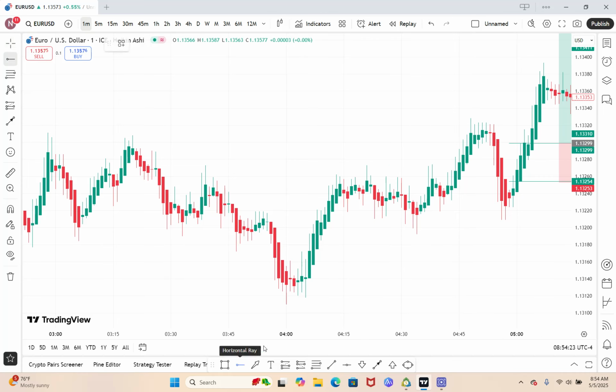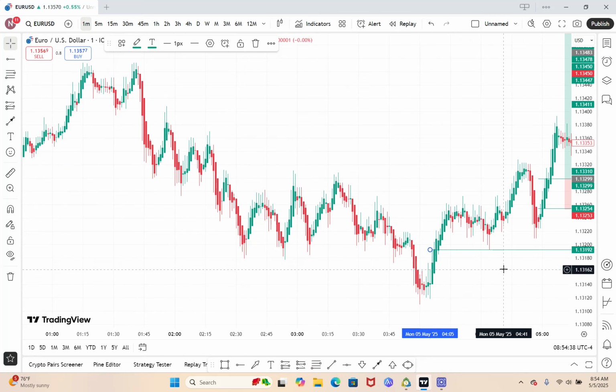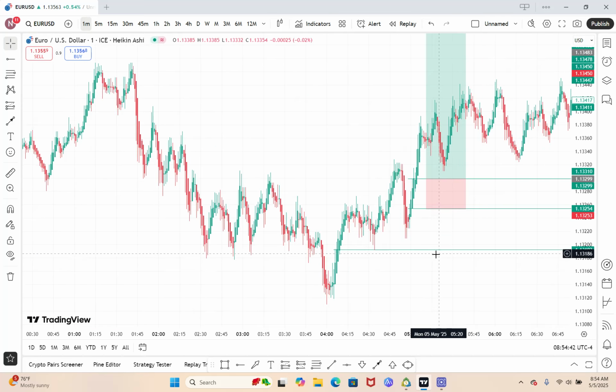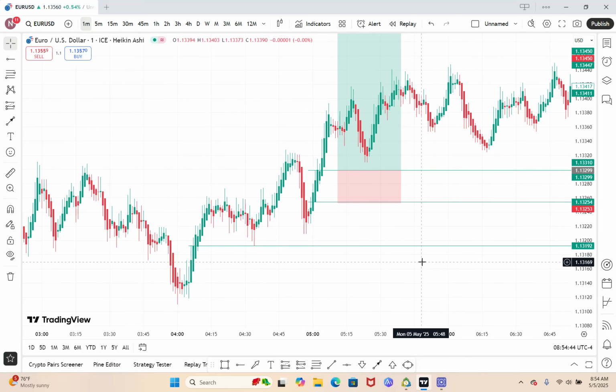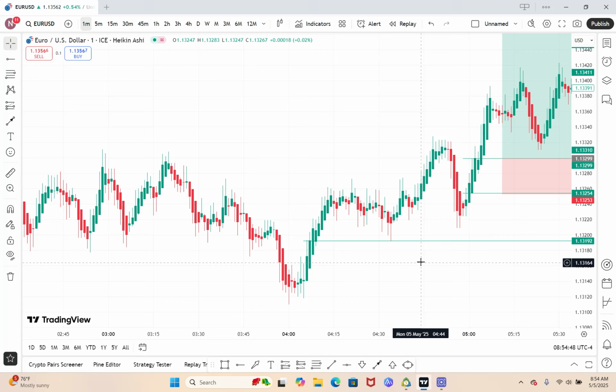Looks like an area where buyers may be in this area, but the market was able to come back.